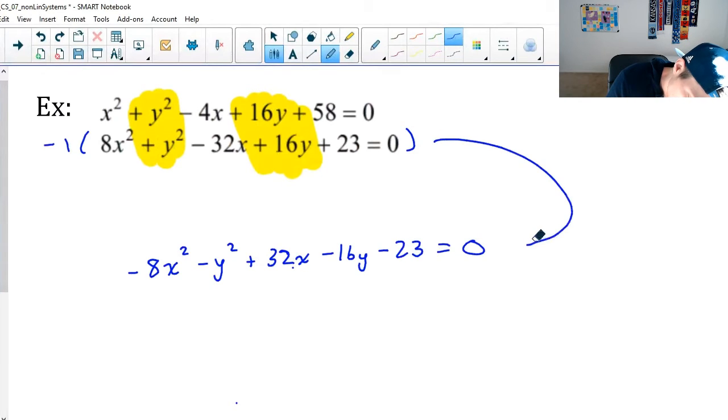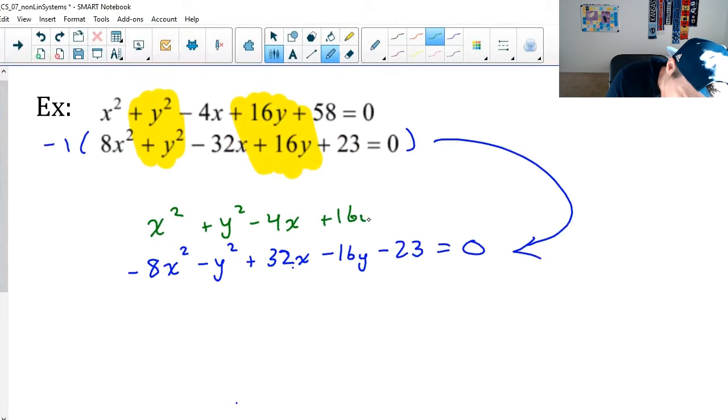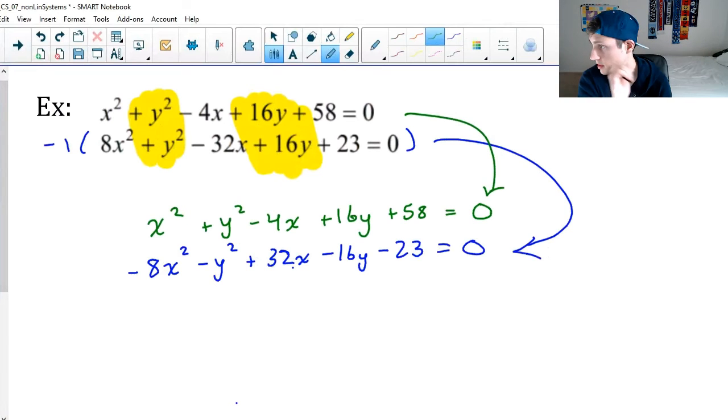So I just took that whole equation and multiplied it by -1. This first equation, I don't need to change at all, so I'm just going to write it down exactly how it was. It stays exactly the same. Just bringing them down.